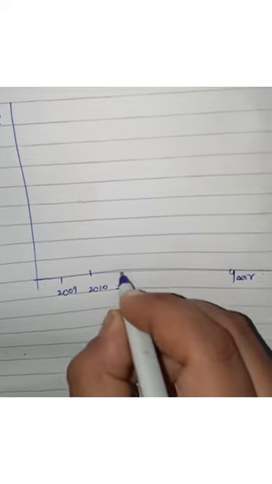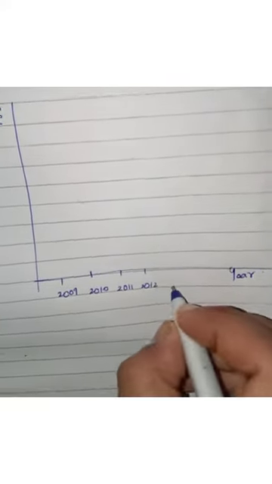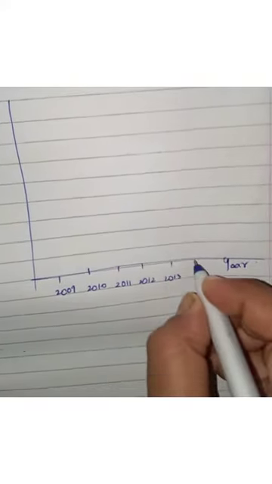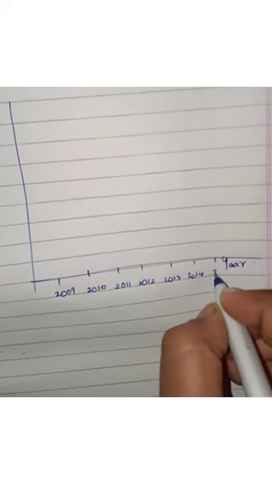So let us plot the graph. For the graph, the x-axis will be the year and the y-axis will be the number of tourists. The years start from 2009, 2010, 11, 12, 13, 14, finally 15.